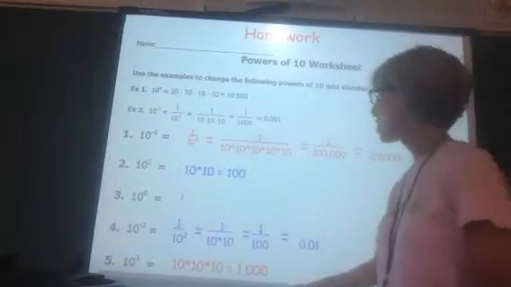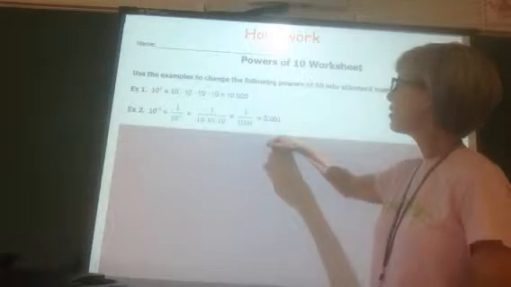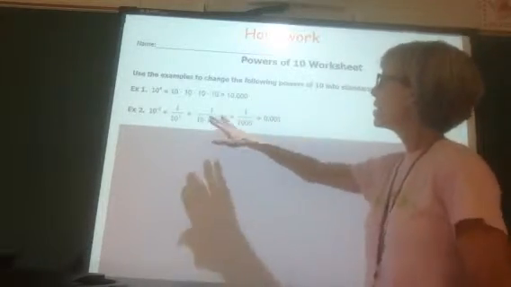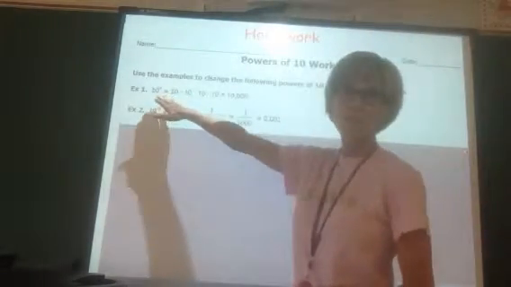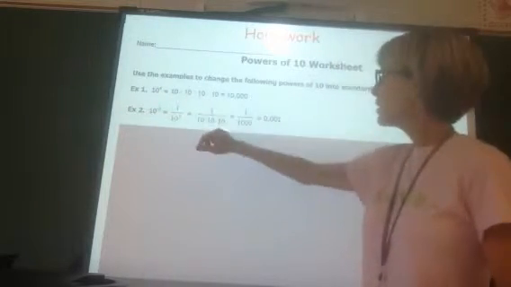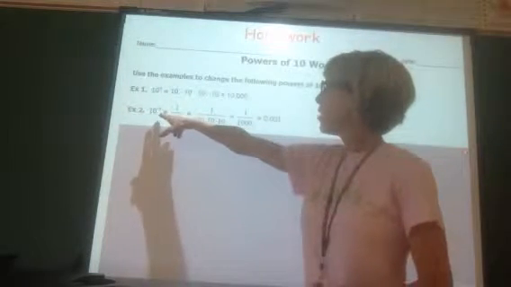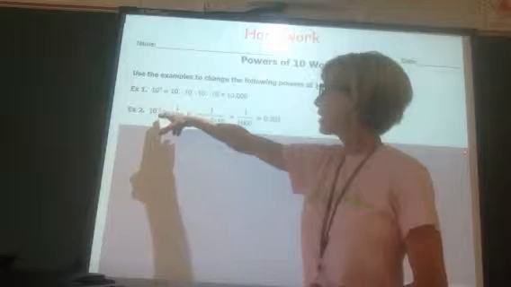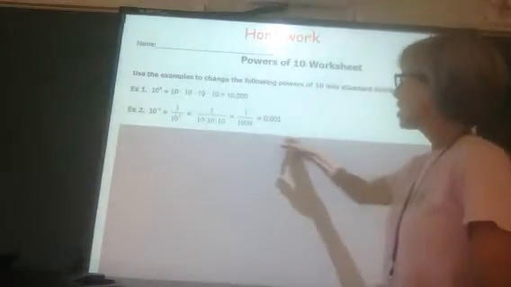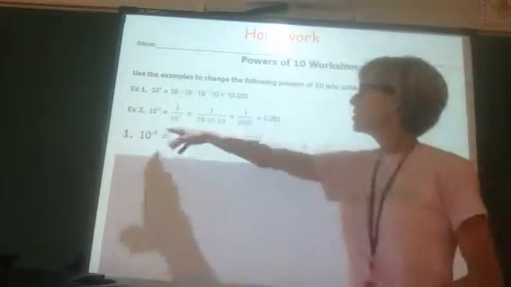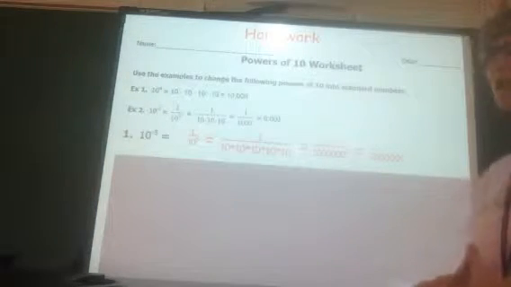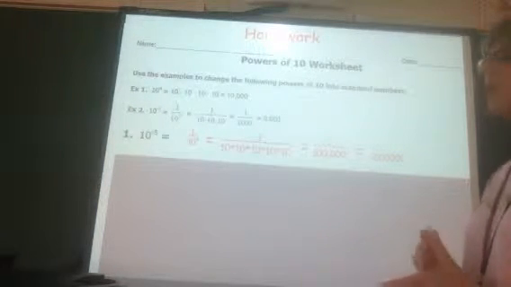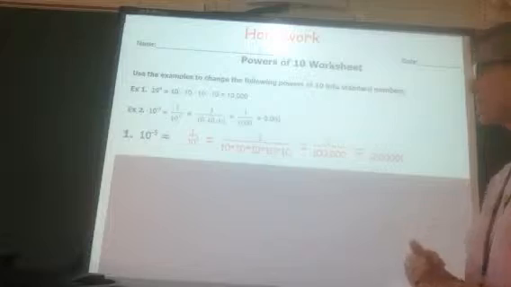Alright, next we're going to check our homework. In checking our homework, I gave you 2 examples. Here was the example if you have a positive power of 10, and here is an example if you had a negative exponent for powers of 10. Alright, so if we move on, 10 to the negative 5th power, we know that the negative exponent tells us it's going to be a fraction or a decimal.